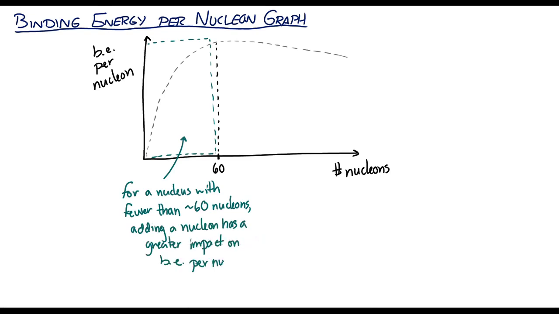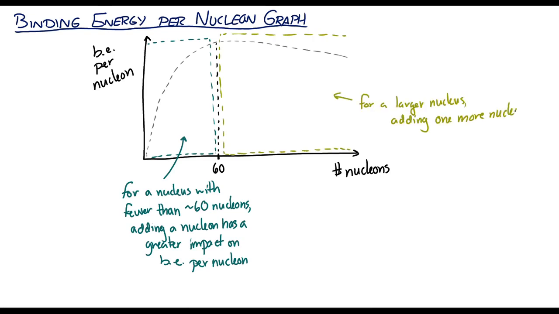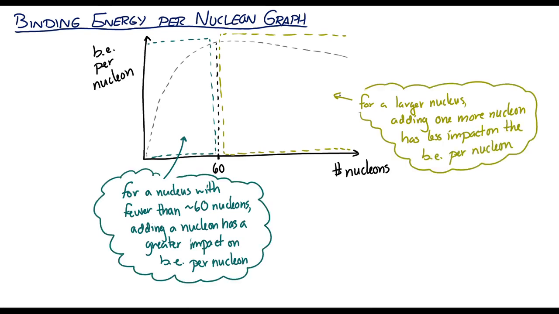Over here on the right side of the graph, when we're greater than 60 nucleons, adding a single nucleon has relatively little effect on the binding energy per nucleon. So that's why the graph over here has such a gentle slope, whereas over on the left side, we have such a steep slope.